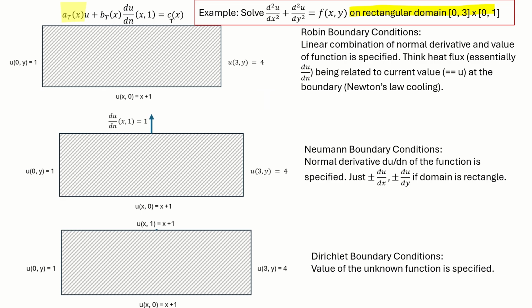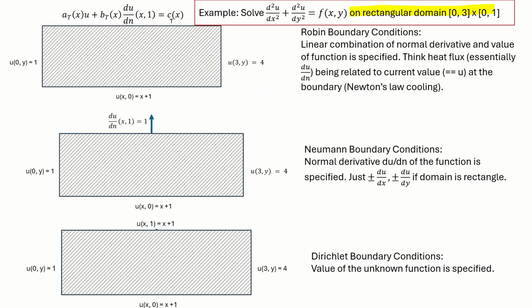Here, we're using a to denote the weight on u, the unknown function itself, and b to denote the weight on du dn, the normal derivative of the unknown function, and c to denote the right-hand side of this equation. The subscript t denotes that they are weights in a Robin condition that applies to the top side of the rectangle.